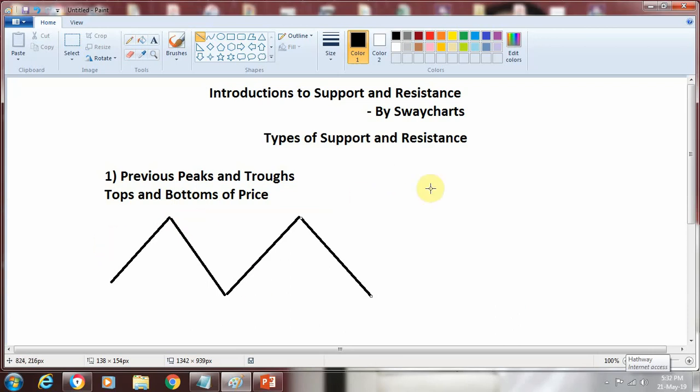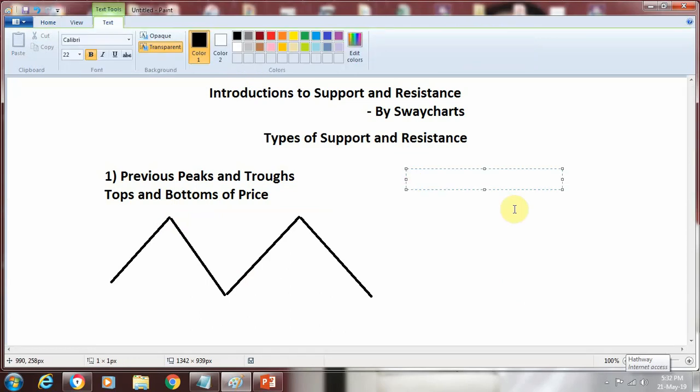Then we move on to the second type of support and resistance, which is round numbers, right? Basically, when we talk about the stock market, we need to relate it to the people behind it, who are humans, and we as humans have a particular pattern of thinking.